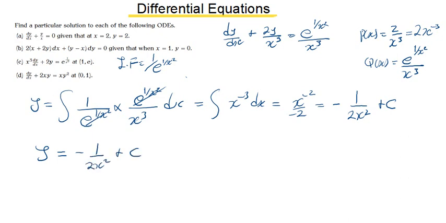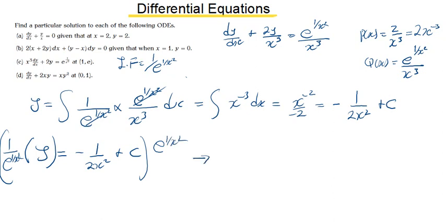But remember, to find the general solution, you have to multiply the y by the integrating factor, which is 1 over e to the power 1 over x squared. So to find this in terms of y, I just have to multiply both sides by e to the power 1 over x squared.